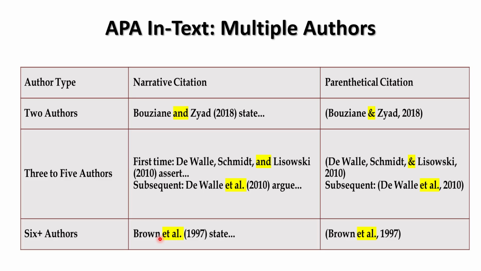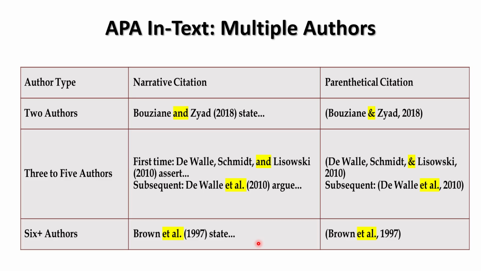So you include the first author's name followed by et al., not the same as 3 to 5 authors, where the first time you mention all the names and then, in subsequent citations, just the first name followed by et al. With 6 or more authors, from the first time you mention just the first author's name, then et al., then a period, then the year of publication, then continue narrating your work.